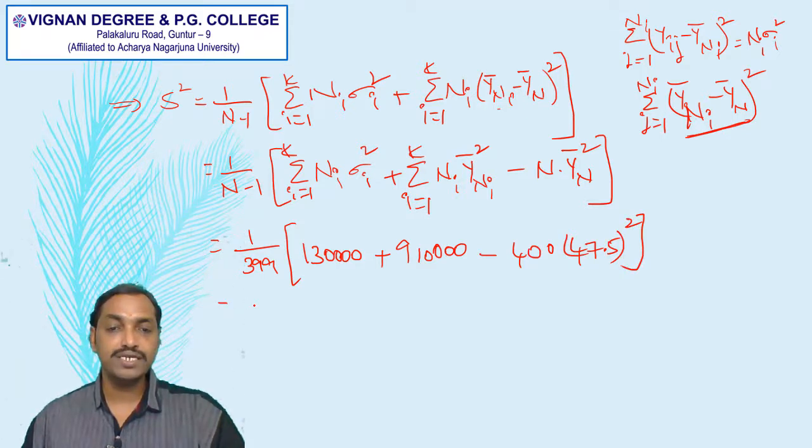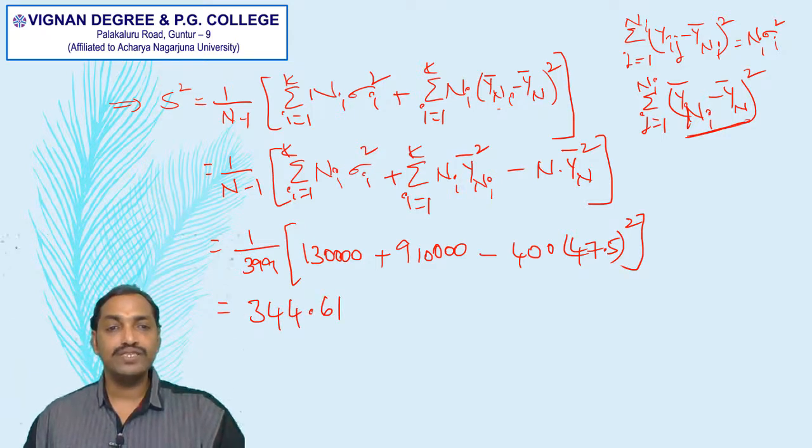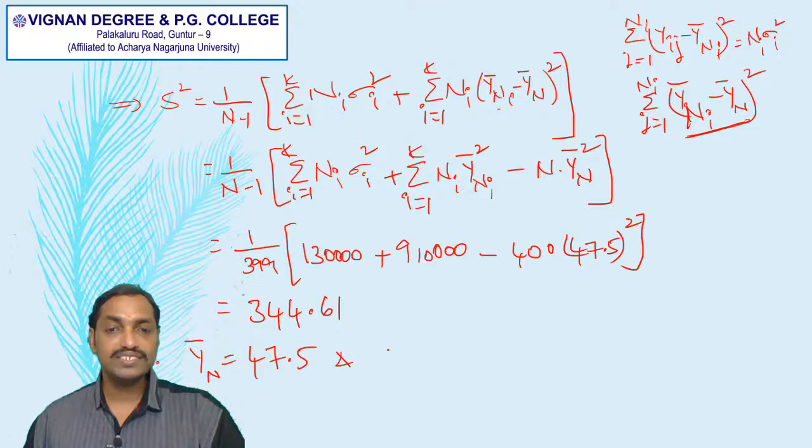On simplification we get 344.61. Therefore, till now we have capital Y N bar equal to 47.5 and capital S square equal to 344.61.